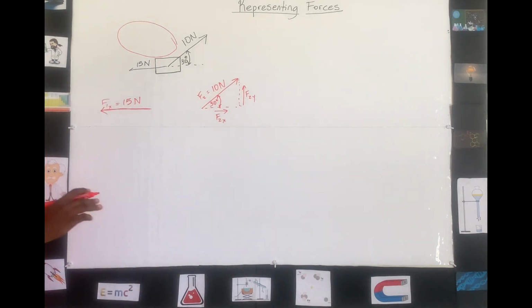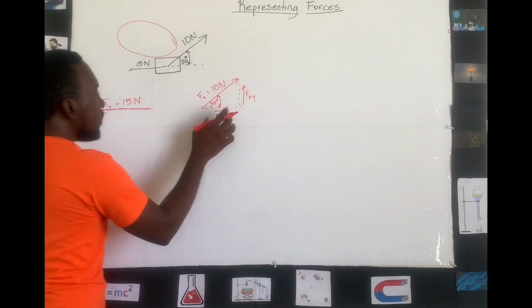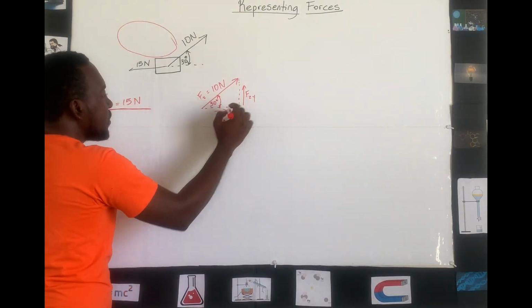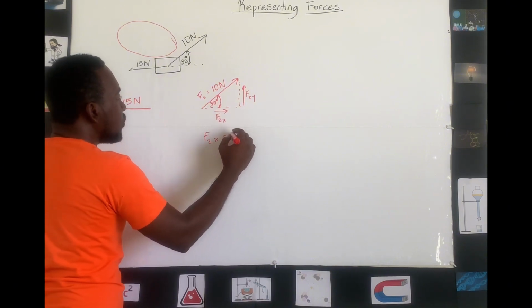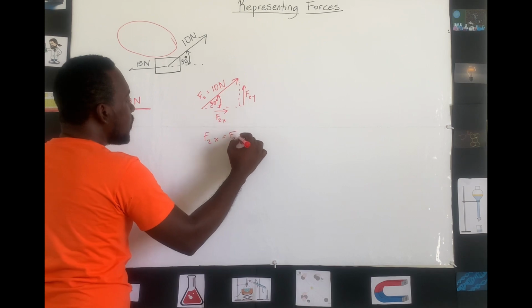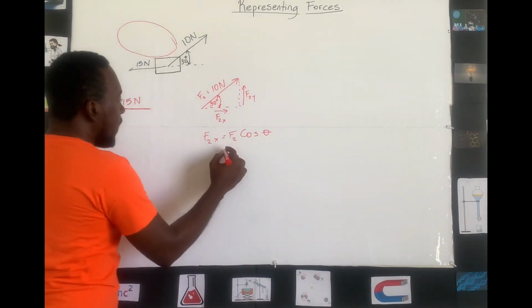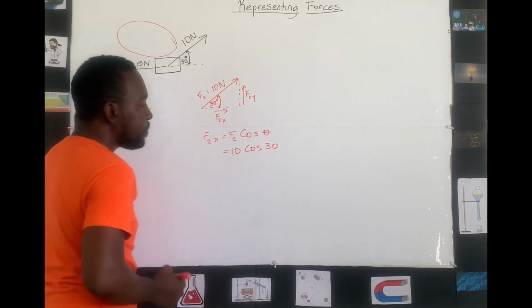So in this case, we have to know what these two values are. How do we know what this one is? This is adjacent to the angle. So that means we use F2x equals the force F2 cos the angle theta, and this is 10 cos 30 degrees.